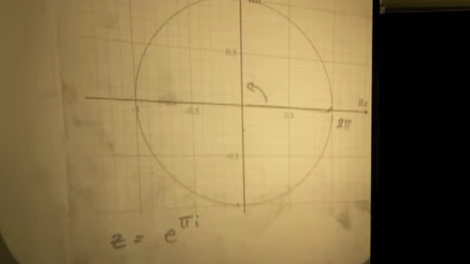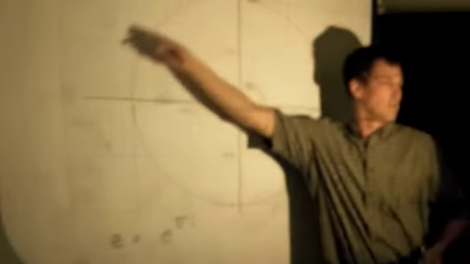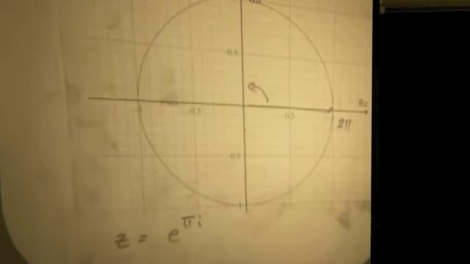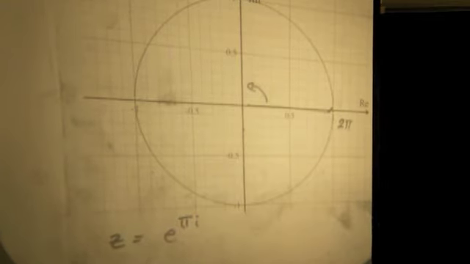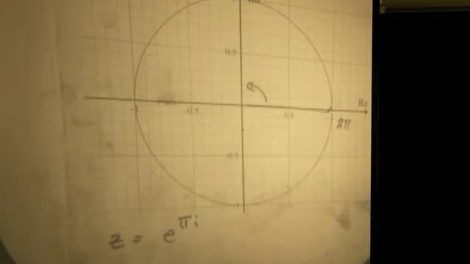So it'd be somewhere on this circle here. And if I plug in pi here, cosine of pi is negative 1, so we get negative 1 plus 0.